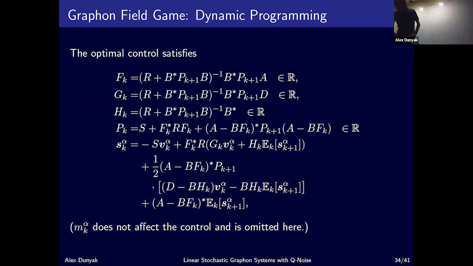And the offset process, which is the tricky part, depends on the signal V that you're trying to track, and the expected value of the offset process one step into the future.